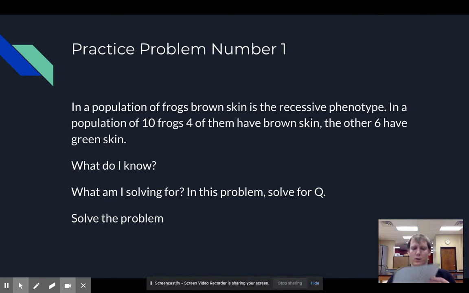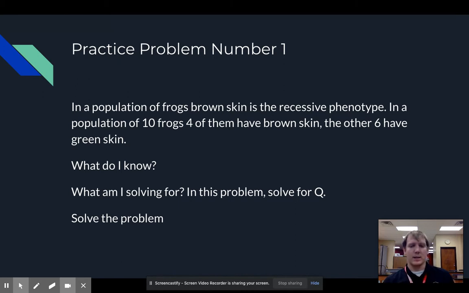What do I know? Okay, so right now this is what I know. I know that brown is recessive. I know that 4 out of 10 have brown skin, and 6 out of 10 have green skin. Okay, so what can I do with that information? Remember, anytime they give me the phenotype or genotype, that's telling me Q squared or P squared.